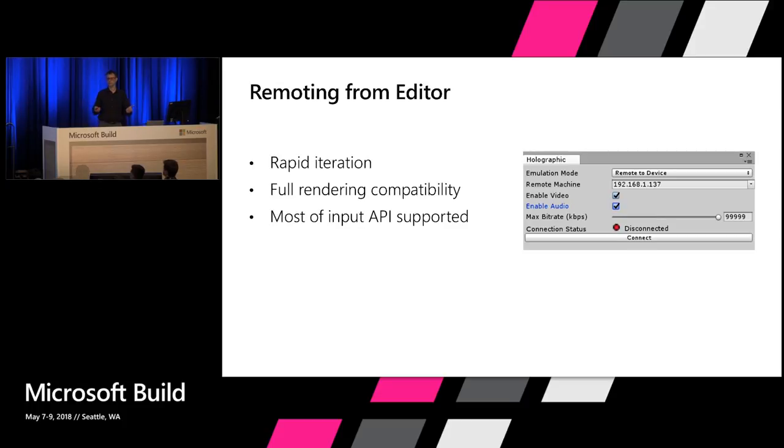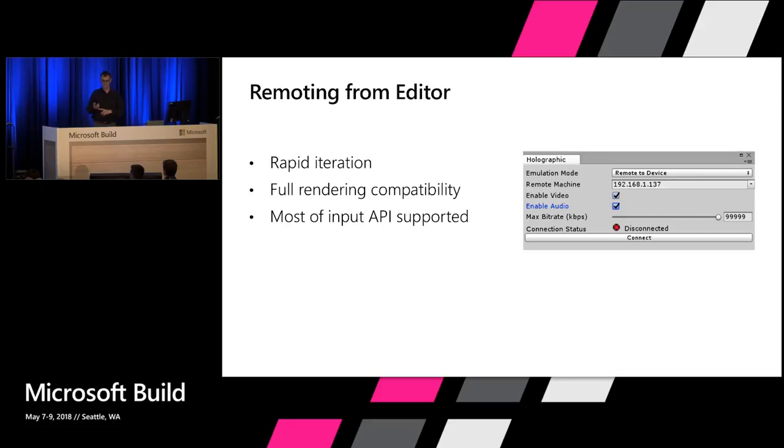Most of the API is supported. So with the HoloLens, that means you have access to the hand gestures, and those will actually be transmitted across the network to the Unity editor. You have access to spatial mapping, so you can read in surface data from your environment and have your application reason from that data.